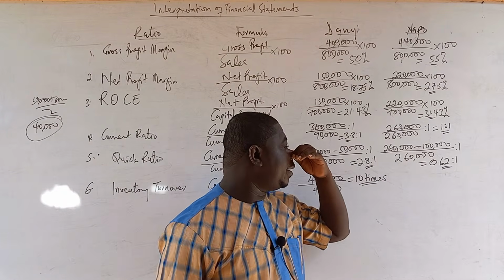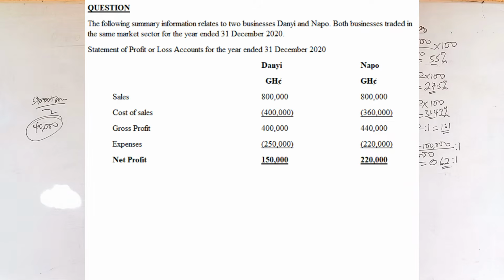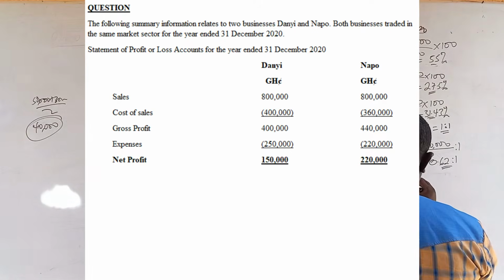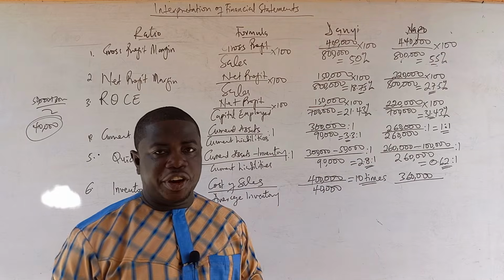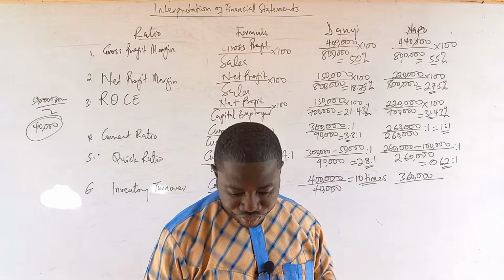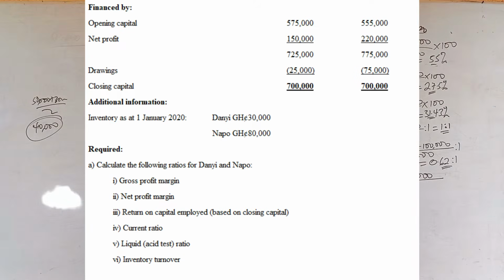And then let's look at the inventory turnover for NAPO. NAPO's cost of sales is 360,000. Now let us look at the average inventory of NAPO. According to the question, closing inventory of NAPO is 100,000 and the opening inventory is 80,000.